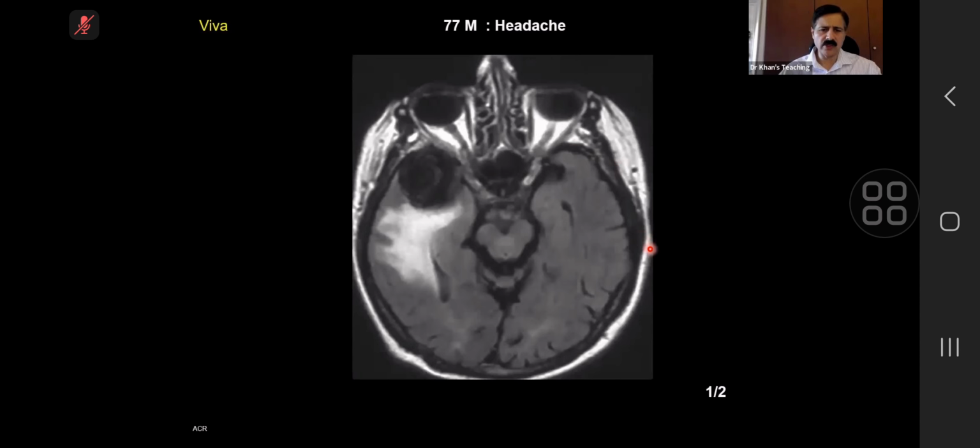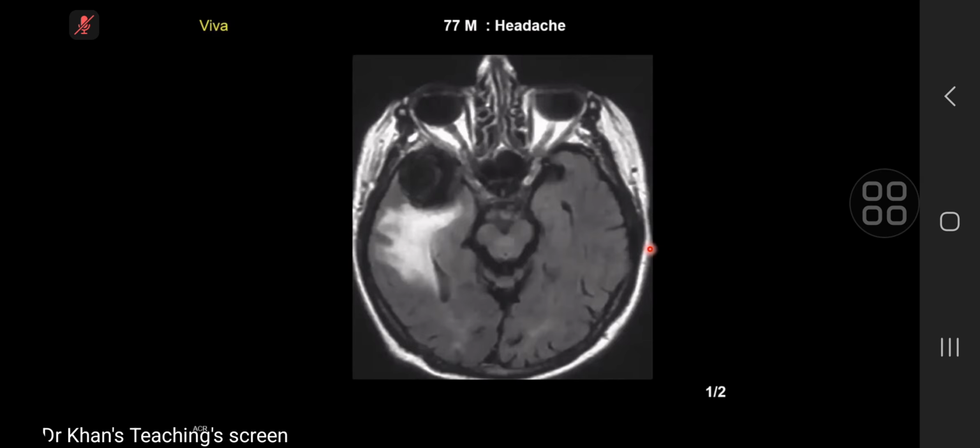I'm just giving you a flare sequence. 77-year-old male, headache. This is a selected axial flare sequence of an MRI brain for an adult patient. There's an abnormality in the anterior right temporal lobe where there is a large low signal lesion with adjacent high signal within the temporal lobe.